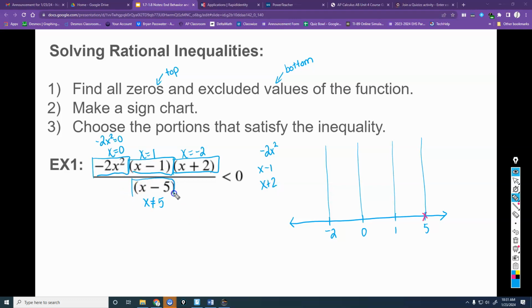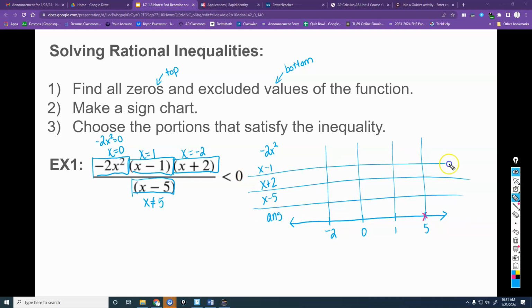And I'm going to have x minus 5. And then I'll put my answer down here at the bottom. It doesn't matter whether those numbers come from the top or the bottom, they still get included in your chart.